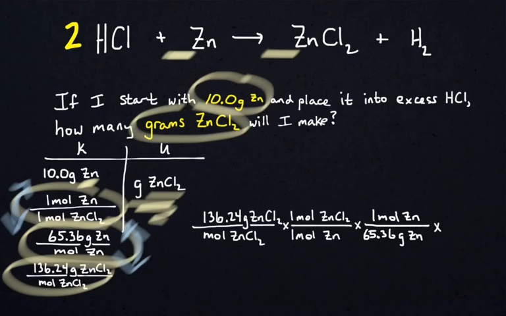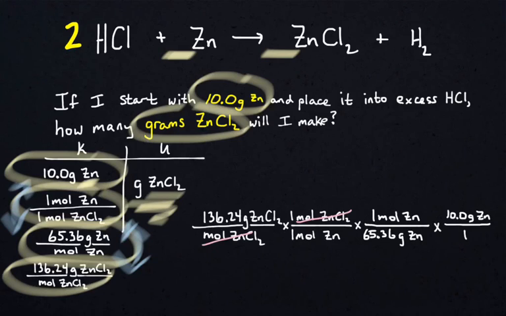Now I want to cancel out gram Zn, so I come back over to what I know. There it is. And if I multiply that by 10 grams Zn, everything's going to cancel out except for that first original unit. Let's cancel some stuff out.